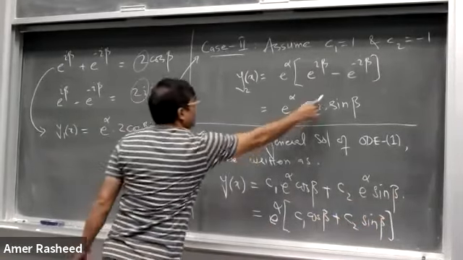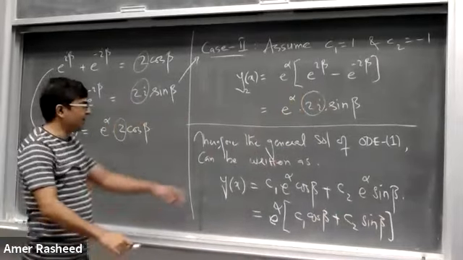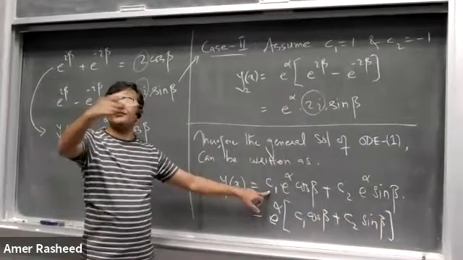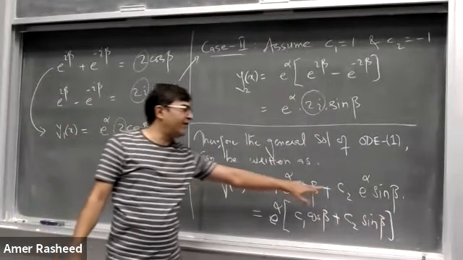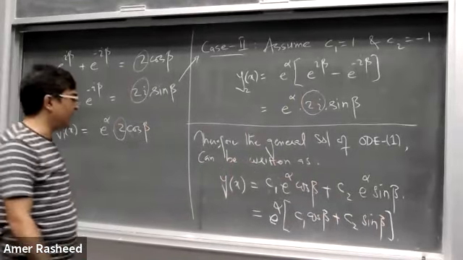The constants which we have removed here can be considered within C1 and C2. I hope you get it. If you have any question, you can ask.